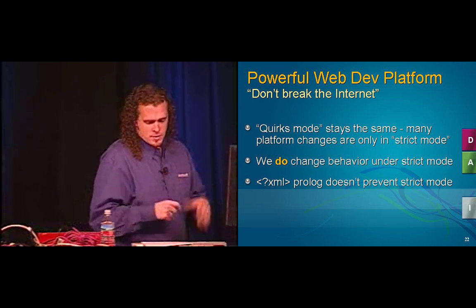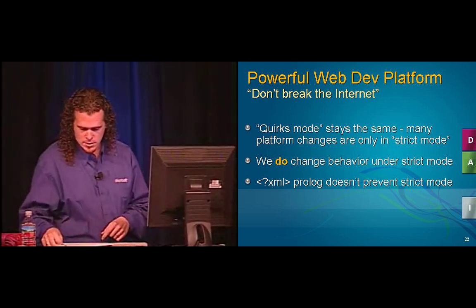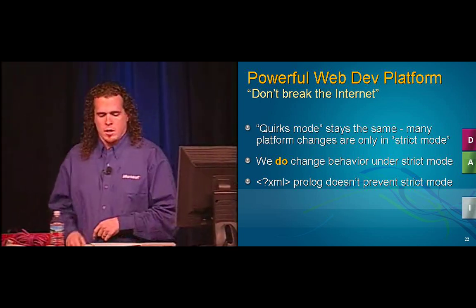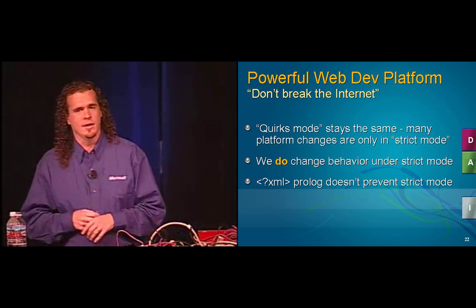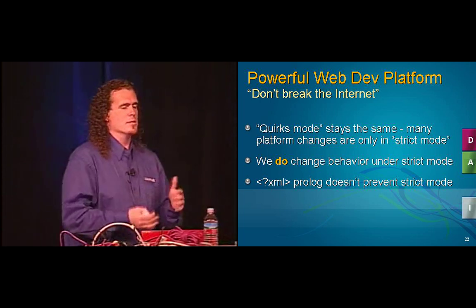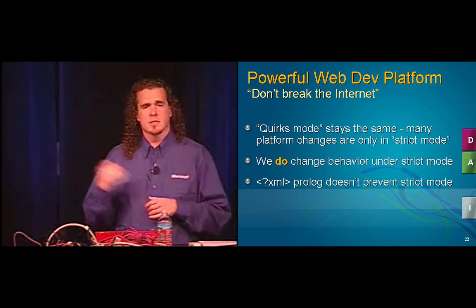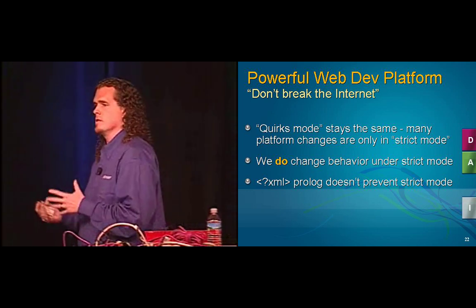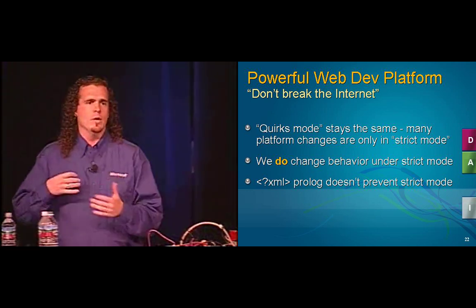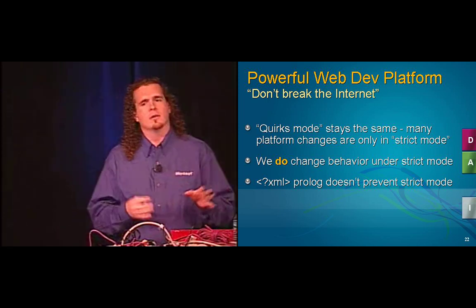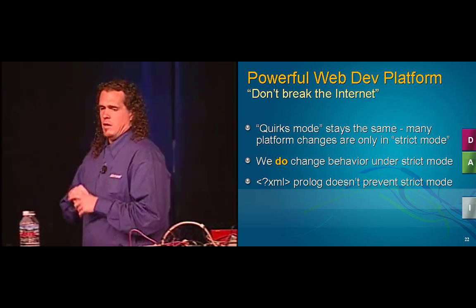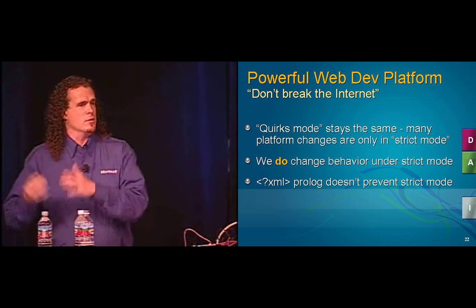Continuing the theme of compatibility, but moving on to the web dev platform, we've had a lot of complaints that we've been constrained by compatibility in IE. I wanted to speak to that for just a minute and say that since IE6, we implemented this doc type switch. So we can tell the difference between just standard web content out in the wild and web content that the author actually claims to know what they're doing in terms of standards compliance.